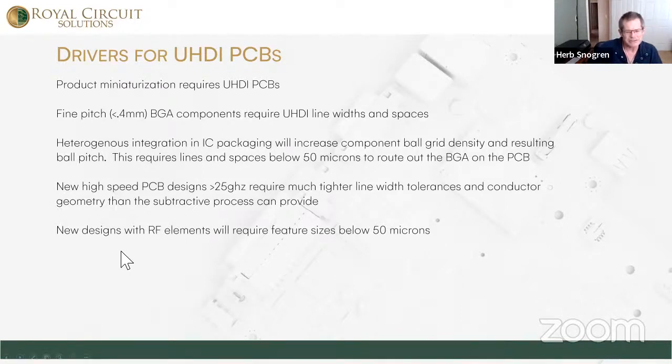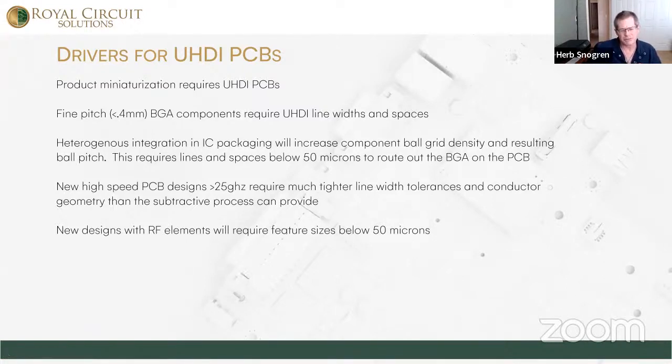Some of the high-speed designs that are coming out now, going above 25 gigs, are going to require much tighter line width tolerances and much more controlled conductor geometries for signal integrity. You can get some of that using the modified semi-additive process or semi-additive process. You just can't get there with the subtractive process. I'll show some examples of that in an upcoming slide.